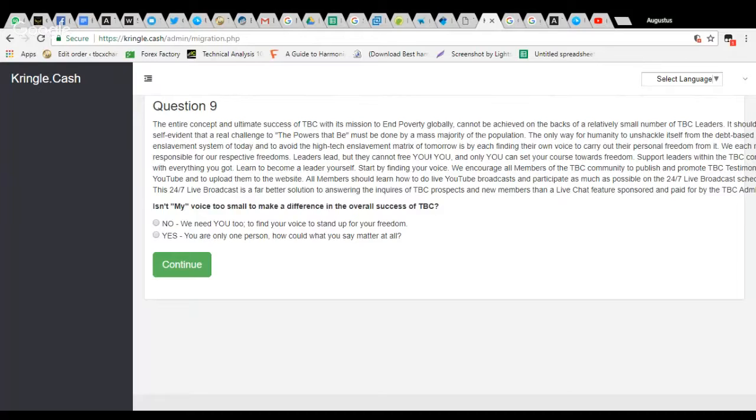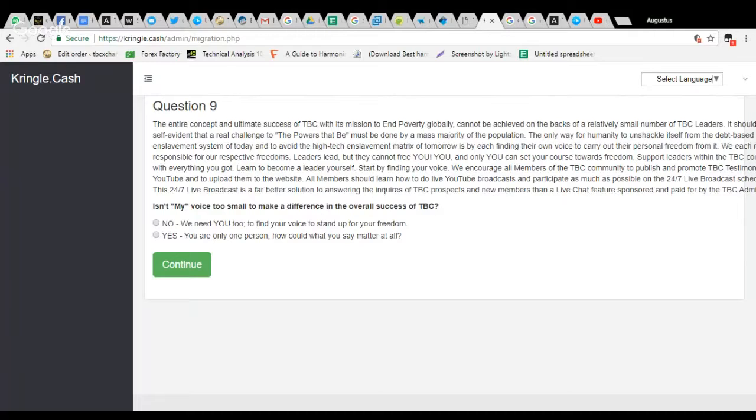The entire concept and ultimate success of TBC, with its mission to end poverty globally, cannot be achieved on the back of a relatively small number of TBC leaders.